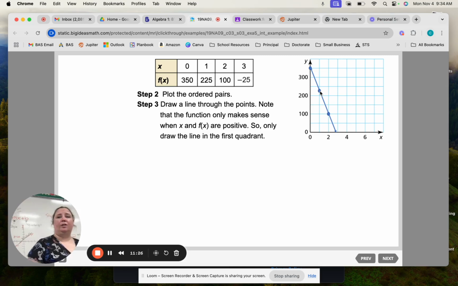The other way you can do that is, if you don't want to do the slope because it's such a big number, you could put a 0 for the y value and solve for x. Let me show that. So if I have the equation f of x or y equals 350 minus 125x, and I want to find where it crosses the x line, meaning I want the x-intercept, we plug a 0 where the y is.